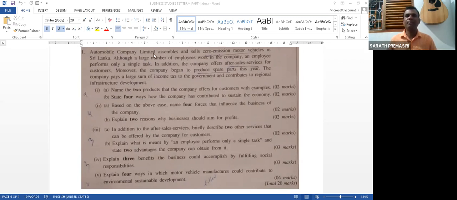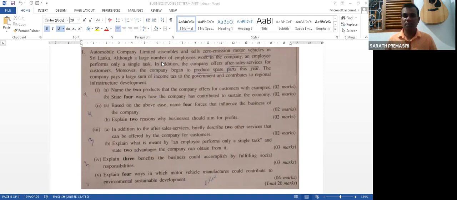Automobile Company Limited assembles and sells zero emission motor vehicles in Sri Lanka. Although a large number of employees work in the company, an employee performs only a single task.